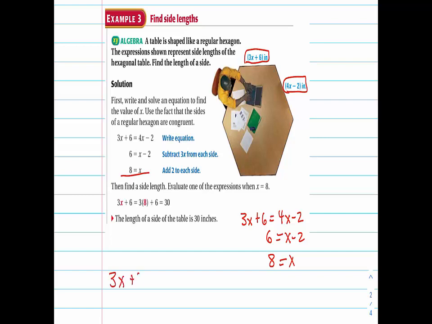I'll do 3x plus 6. If x is equal to 8, I've got 3 times 8 plus 6. That's going to be 24 plus 6, which is 30. So there it goes. It looks like the length of the side is 30 inches.